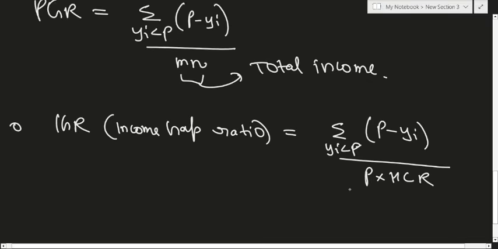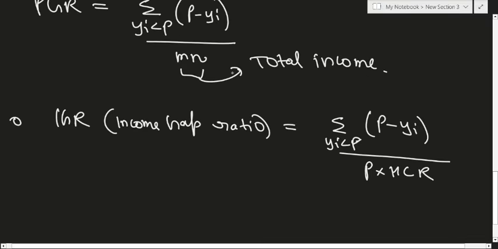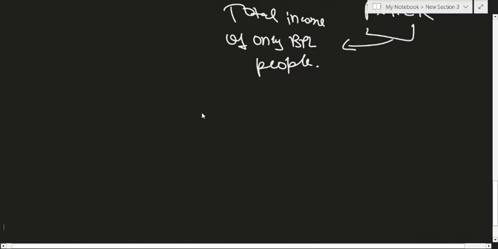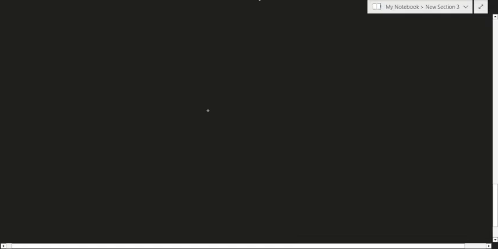Basically, in PGR we divide by total income, the entire income of the population, the entire distribution. In IGR we divide by the income of only the poor, only the people who are below the poverty line. So this sums up our poverty ratios.